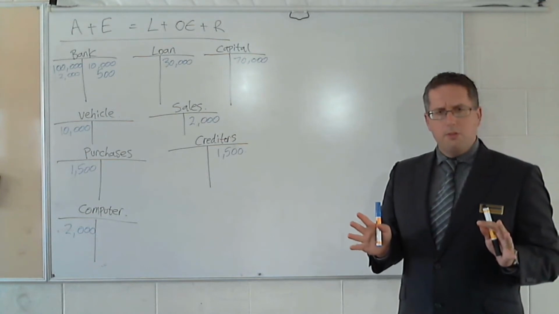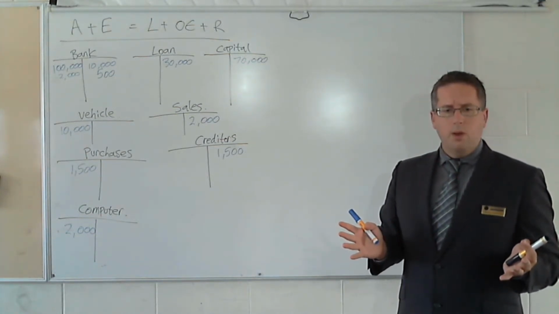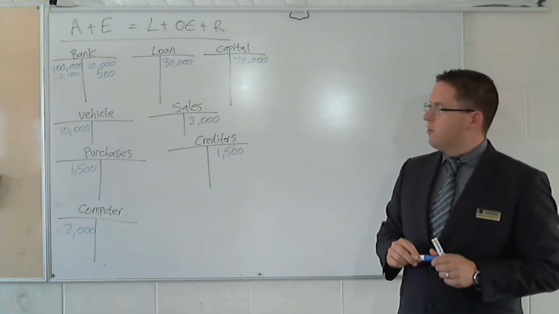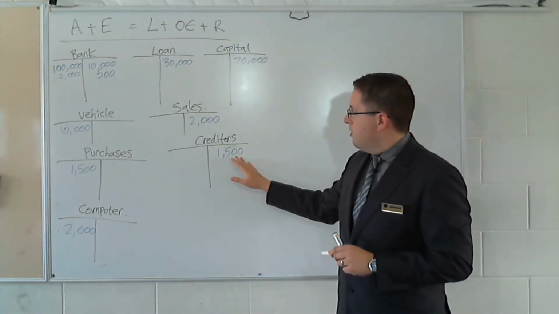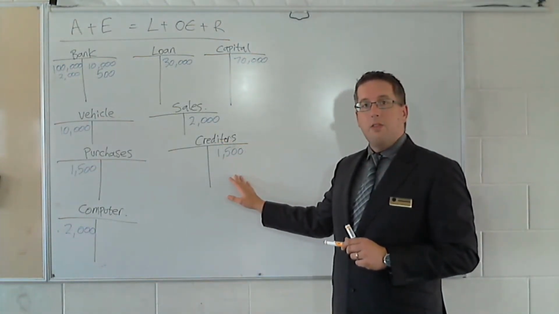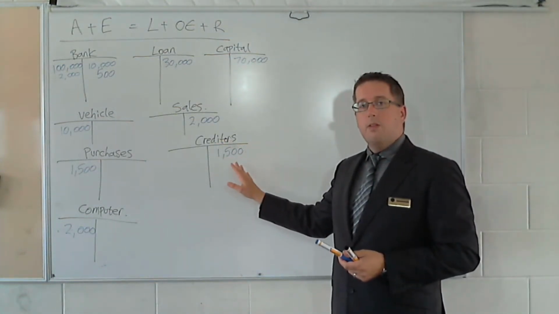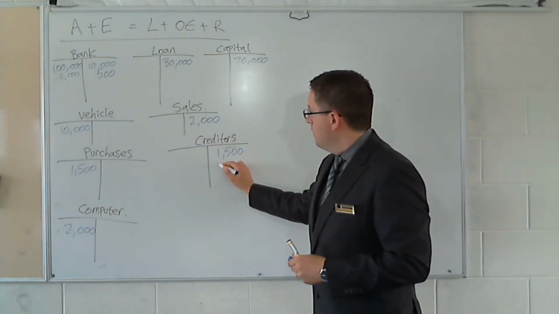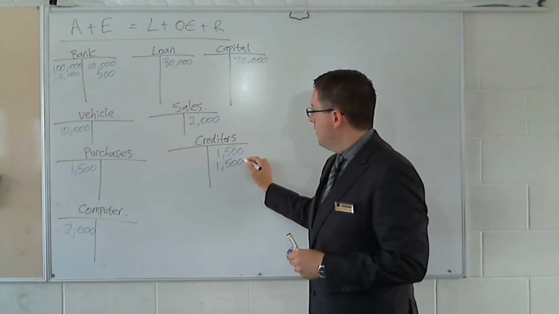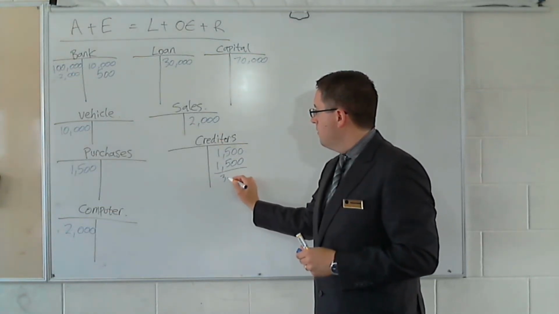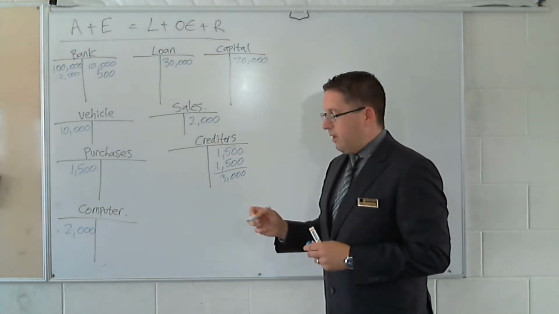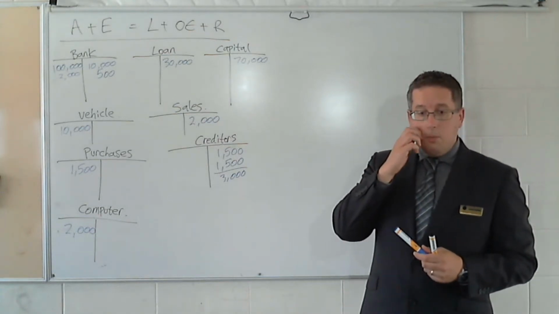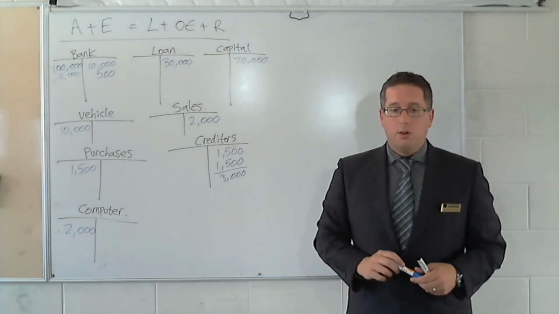Again, still doesn't balance though, does it? What's the amount owing? Well, $1,500. So, this is going to be another creditor, another amount that the business owes to a supplier. So we're going to add another $1,500. So now this account, we owe various suppliers $3,000.